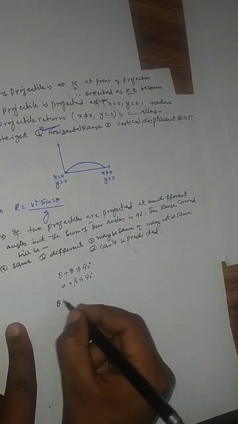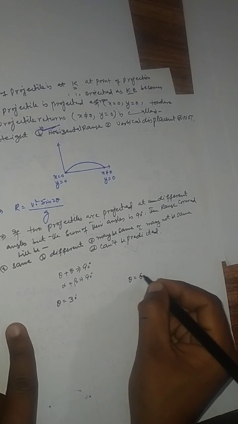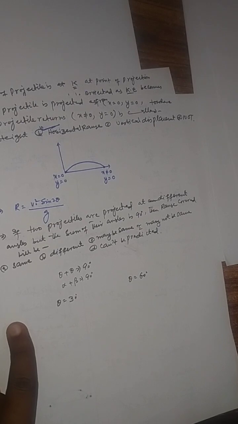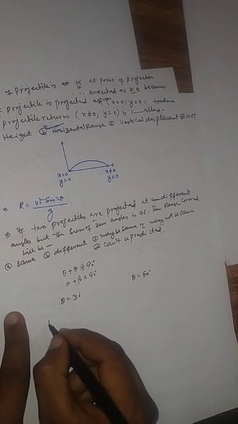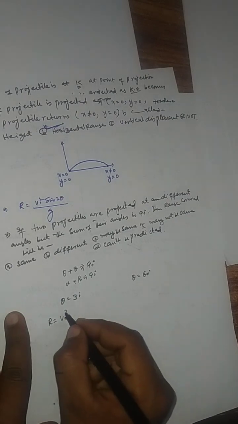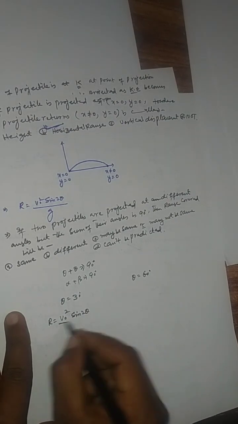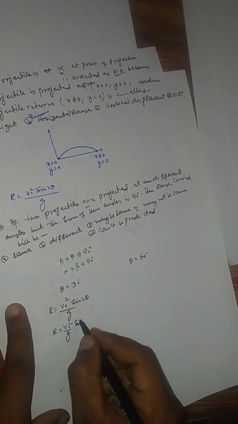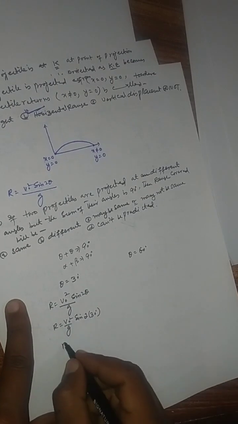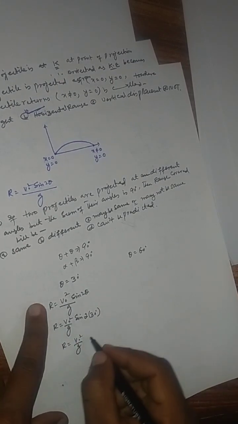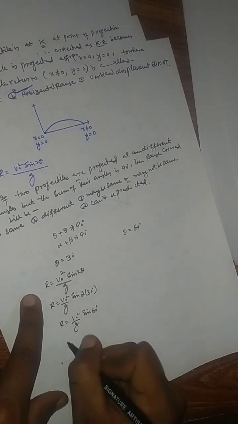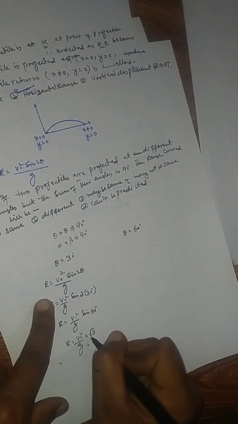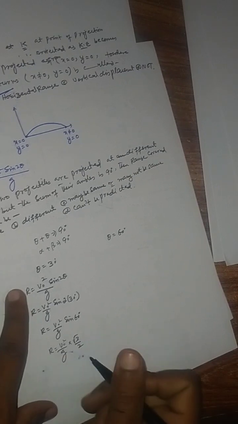If we take one angle 30 degree and other angle 60 degree, then if we want to calculate the value of range, then r is equal to v naught square sine 2 theta over g, r is equal to v naught square over g sine 2 into 30. This will be v naught square over g sine 60, and sine 60 is under radical 3 over 2.